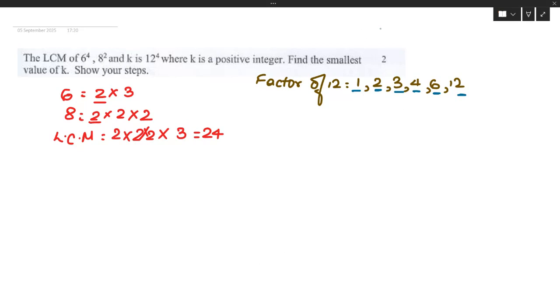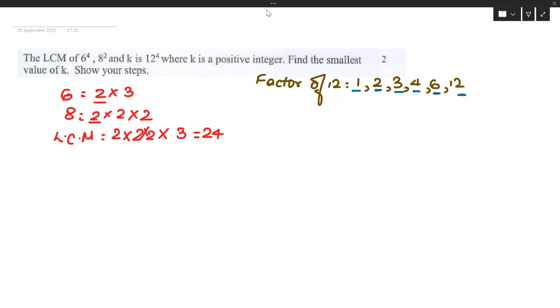Which is the smallest? The LCM of three numbers is the smallest possible number divisible by all the three numbers.